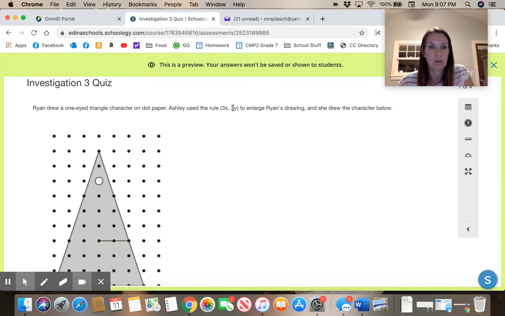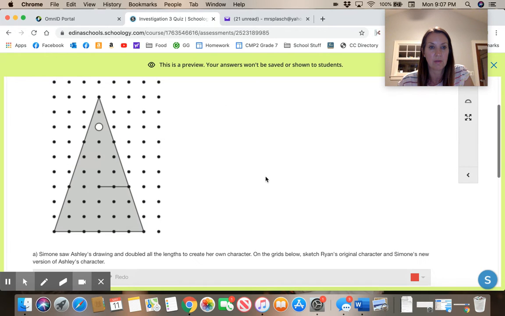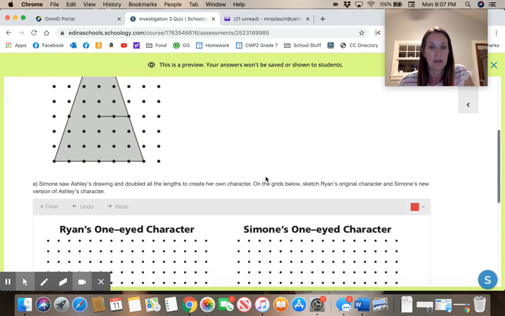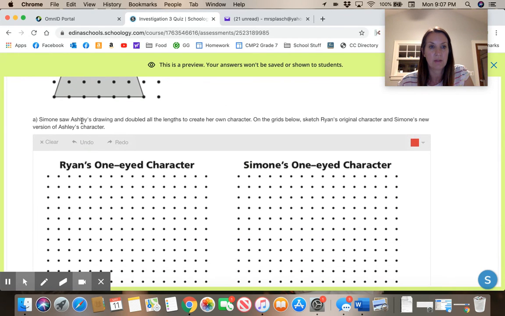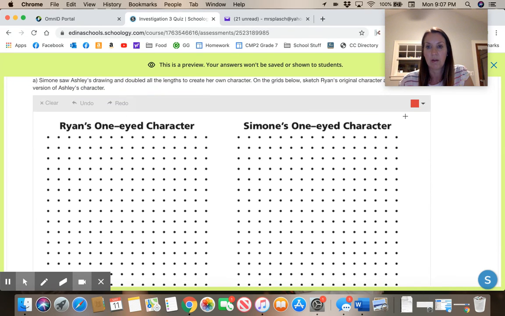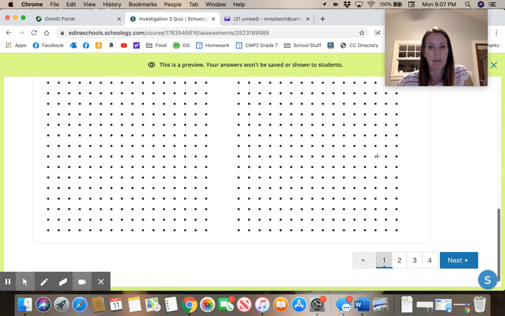Ryan drew the character. Ashley used the rule. There's Ashley's. Then here you're going to have to draw. Simone saw Ashley's drawing and doubled all the lengths on the grids below. Same exact question, right? Here you would use your drawing tool here to get pretty close of what Ryan might be and what Simone might be.